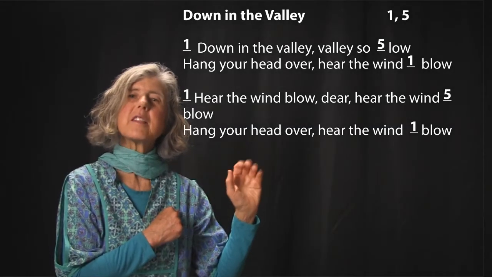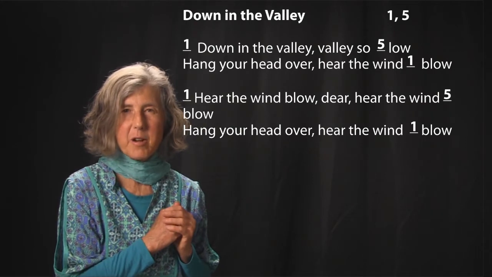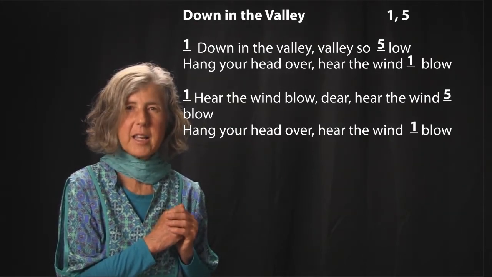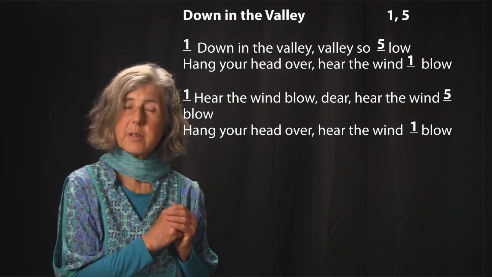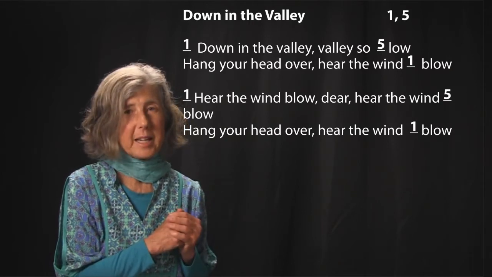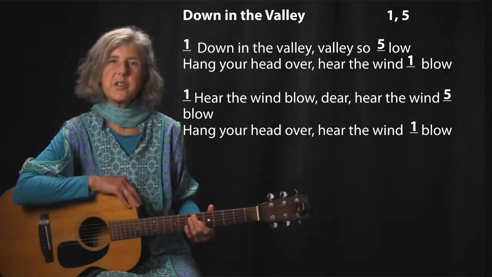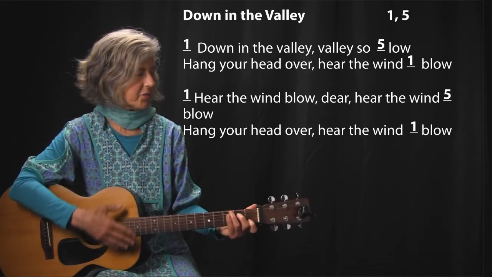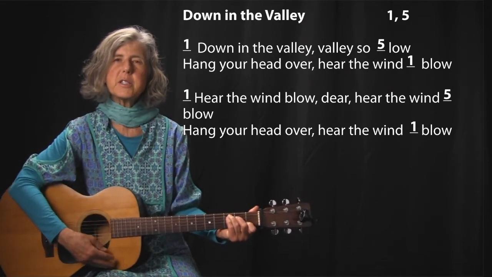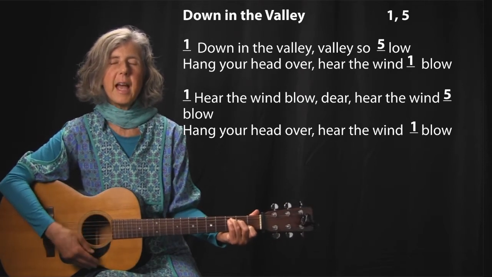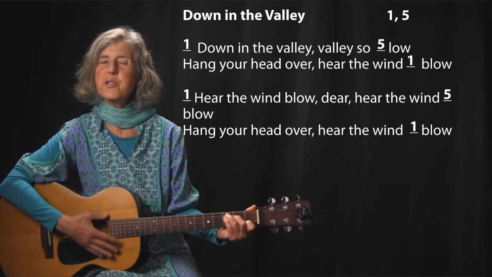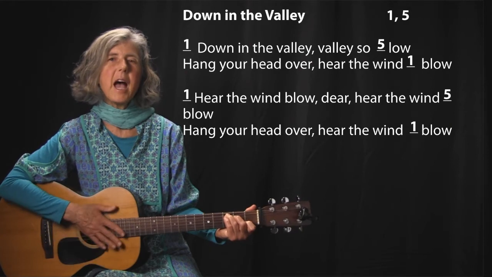Now here's a song a little more interesting maybe than Hot Cross Buns, called Down in the Valley. It's a waltz. Do you know it? It's an old song. You see the 1 and the 5 there. We're going to play it in the key of C. Now it's a waltz, and if you don't know it, listen first and then come back and play it with me.